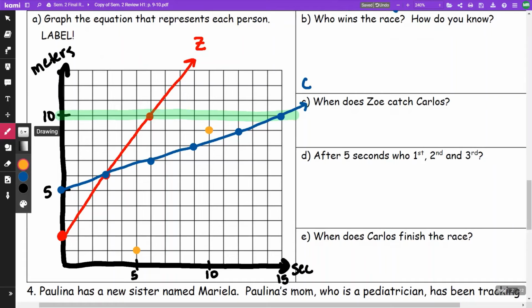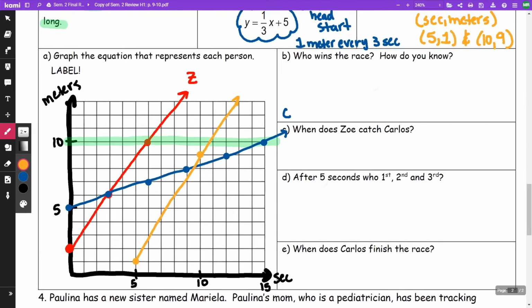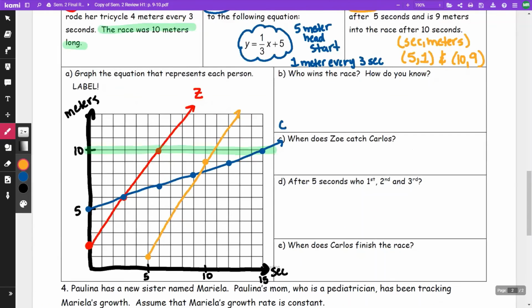Now, as I'm trying to figure out how I'm moving on this, I'm going up 1, 2, 3, 4, 5, 6, 7, 8 every 5. Okay, let me draw that line. And this was Andrew, so I'll put an A.